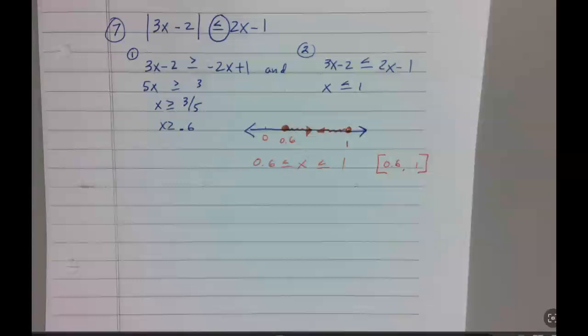Make sense? Okay. All right, now let's talk about tolerance.